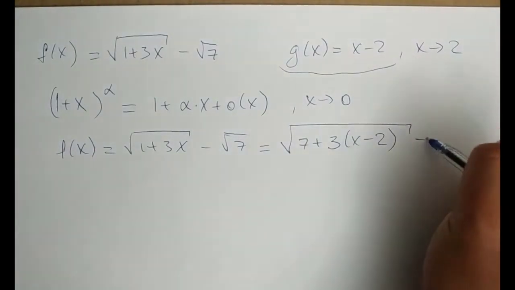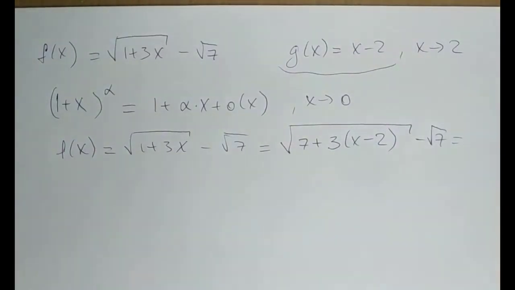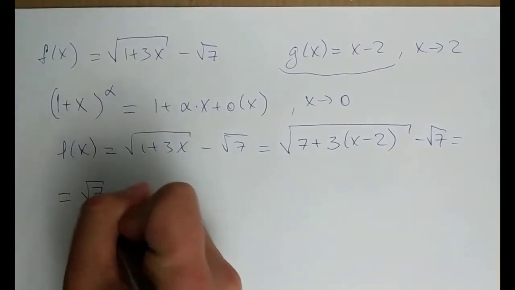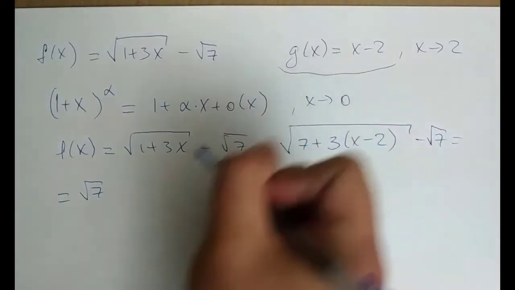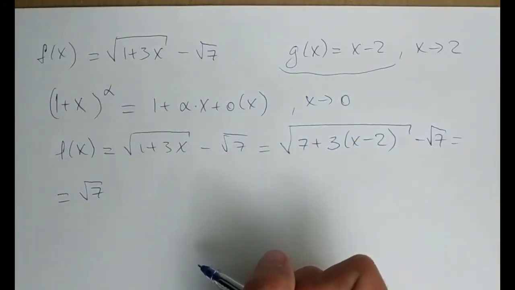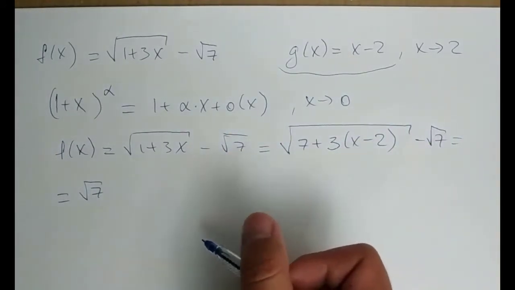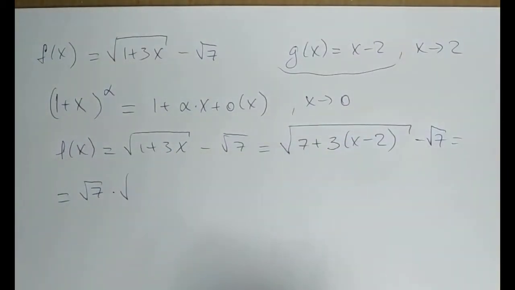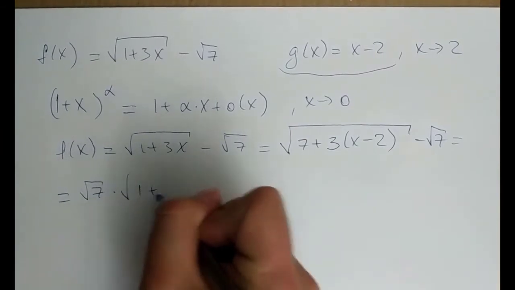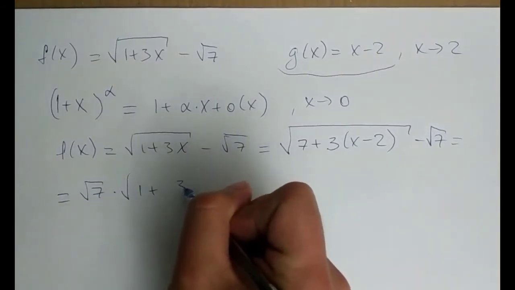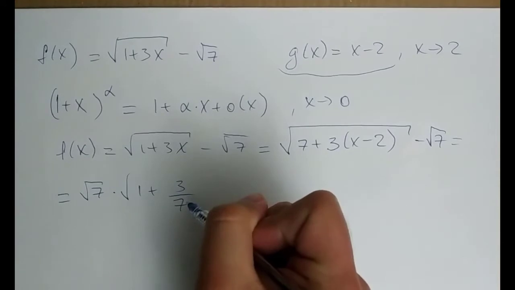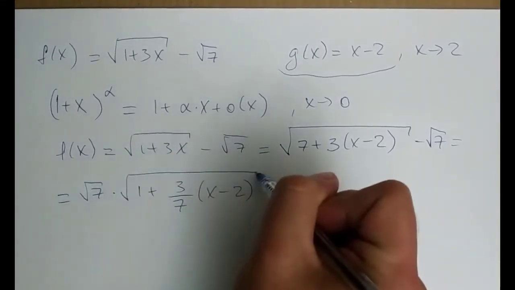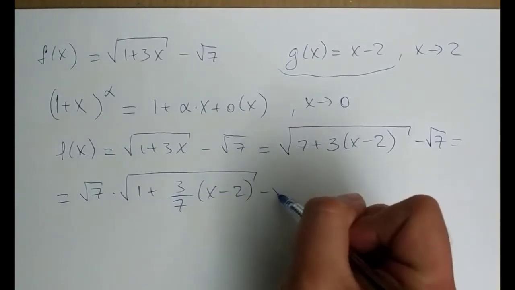And of course minus square root of 7 we have. If we continue, it is square root of 7. You can take out this square root of 7, and we get here in this square root 1 plus 3 over 7 times x minus 2, minus square root of 7.